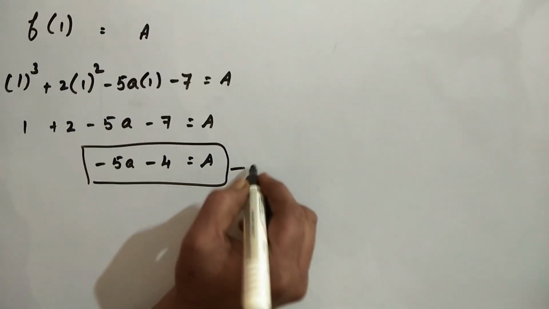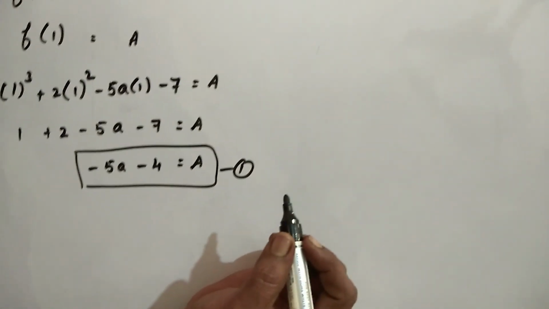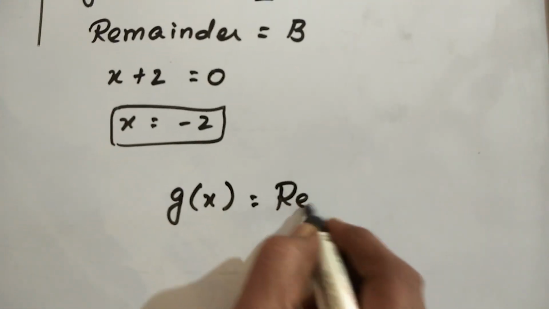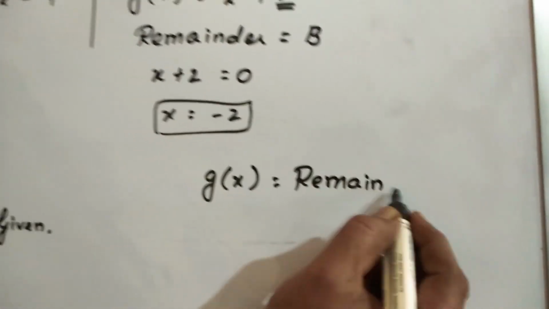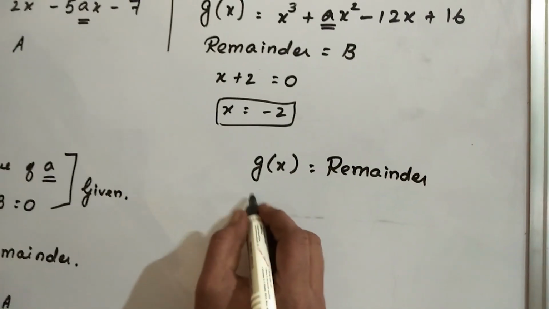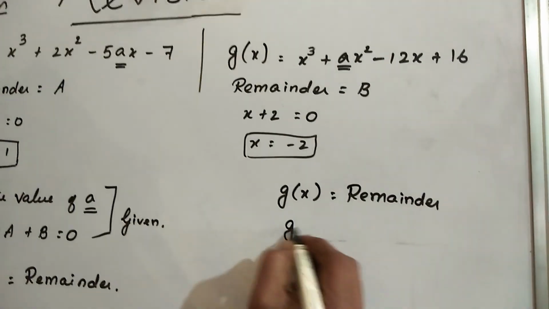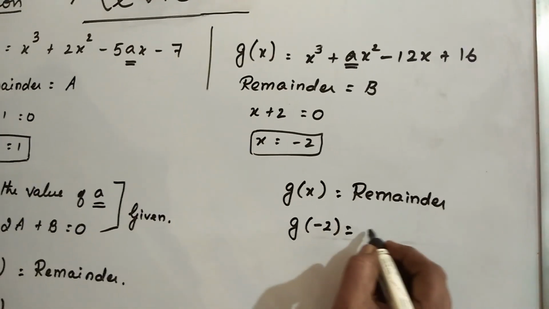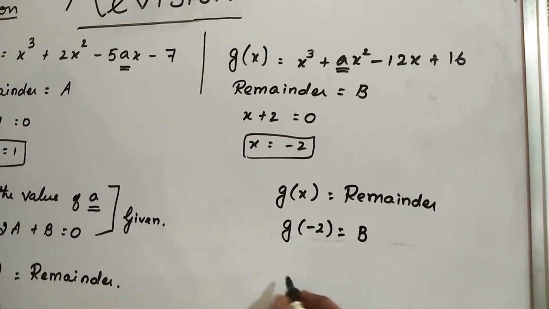Keep it as equation 1. Now take this one. g of x is equal to the remainder, and g of minus 2. What is the value of x? Minus 2. The remainder is b.